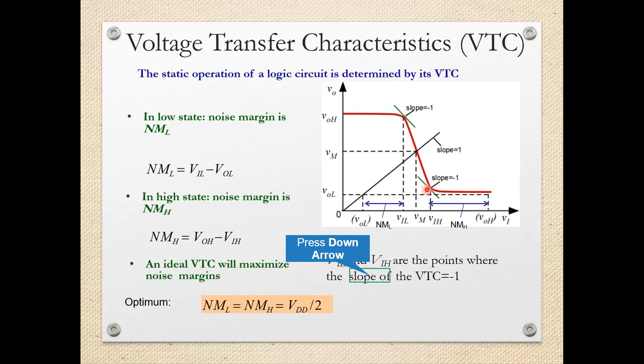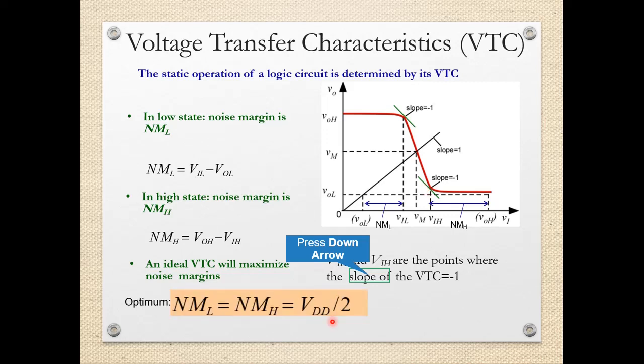These are the cutting points, like from here to here. For the ideal case, it should be a straight vertical line, meaning the slope of this line should be equal to -1. It should be decreasing, and that's why that negative sign is there. So ideally this should be exactly a vertical line.